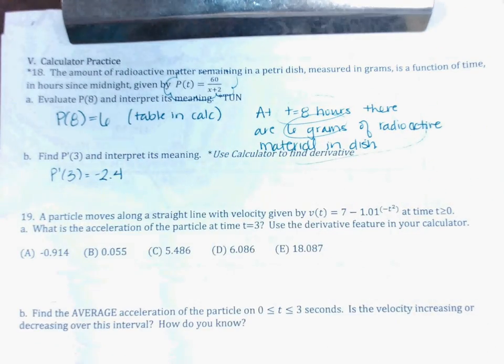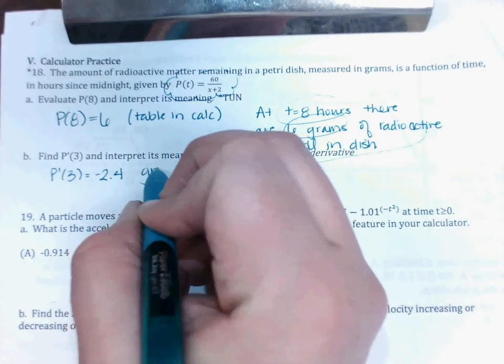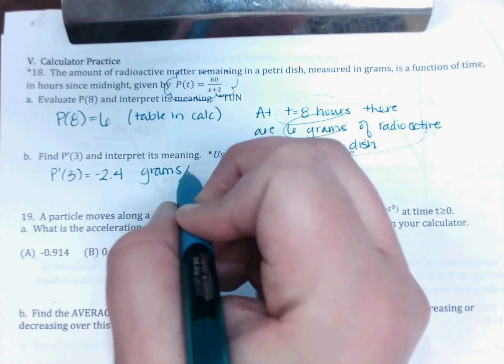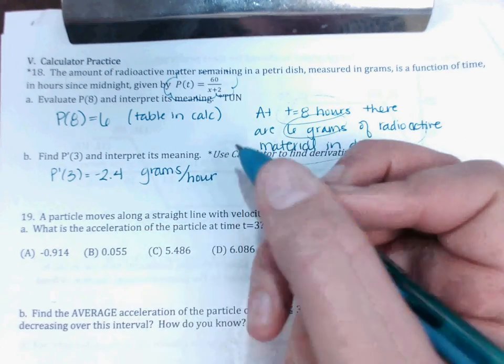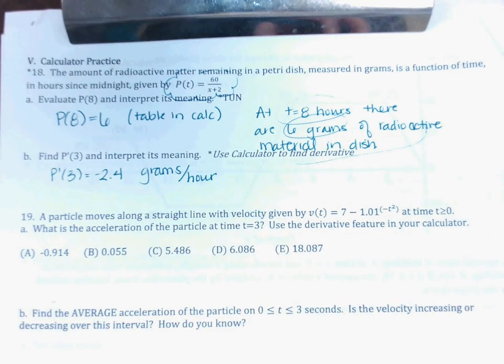Now, if my original thing was in grams, what is its slope in? Grams per hour, because you just divide your rise over run. My rise was measured in grams, my run was measured in hours. Now if it's negative, what's happening to the amount of material in the petri dish? It's going down.